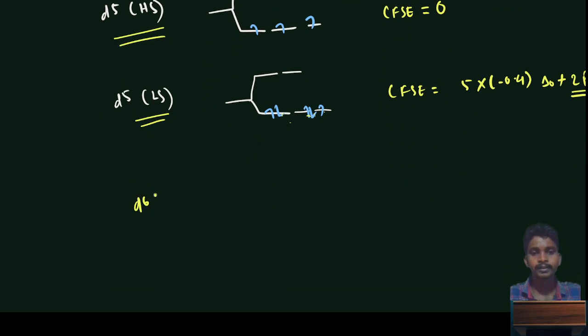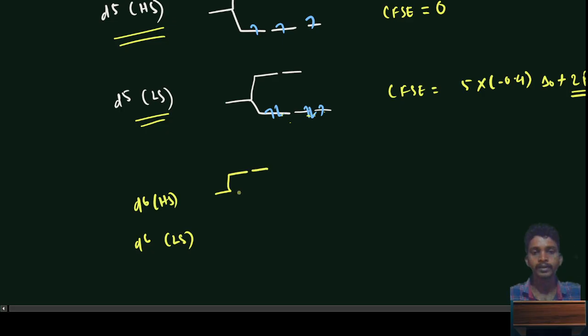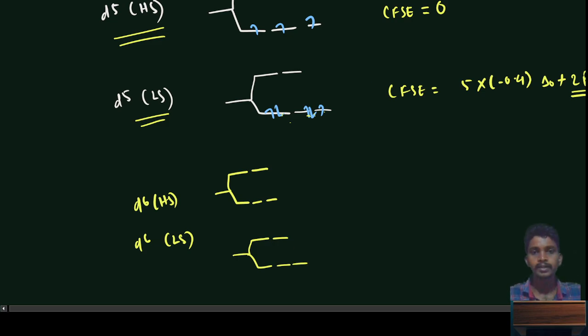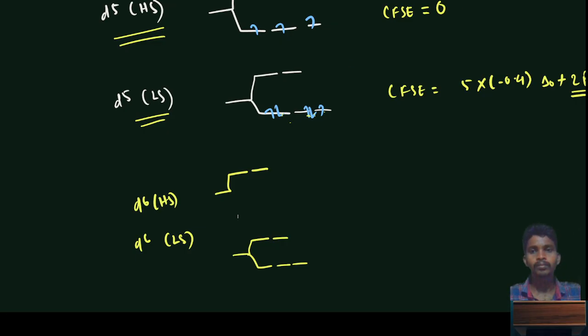But if we see the d6 case, let's say d6 high spin and d6 low spin, so d6 high spin is like this: 1, 2, 3, 4, 5, and 6.